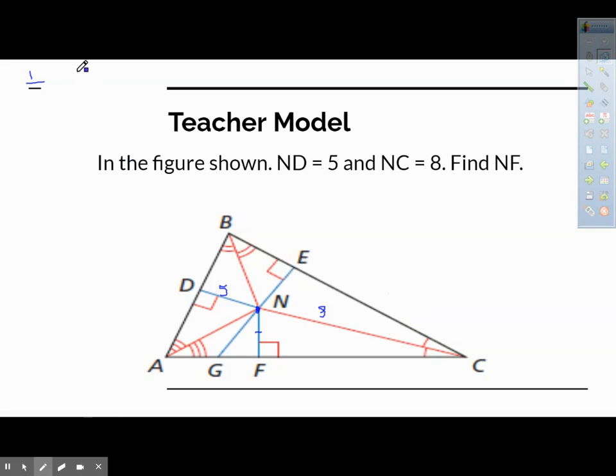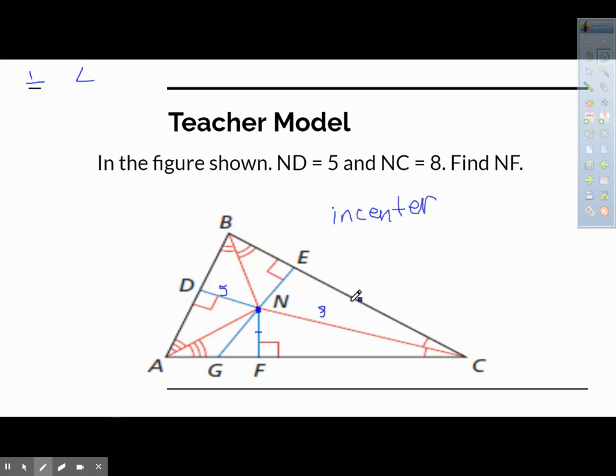Now, to look for an angle bisector, you want to see if the two angles are marked congruent. So if you look here at angle B, see how these two are marked congruent? Angle A, these two are marked congruent. Angle C is marked congruent. Okay, so these red lines are angle bisectors. Which means that point N is the incenter.